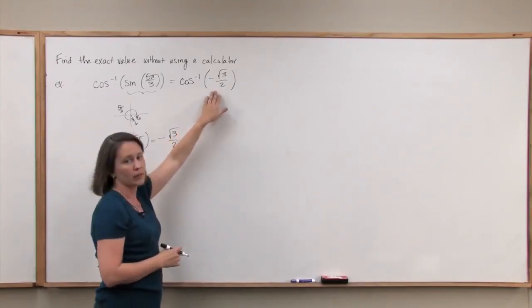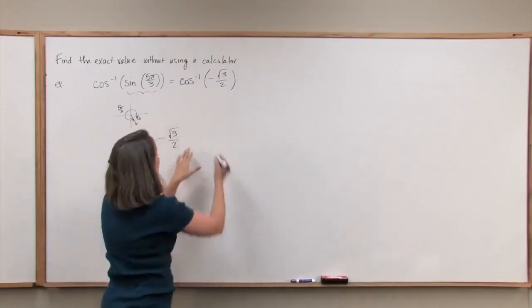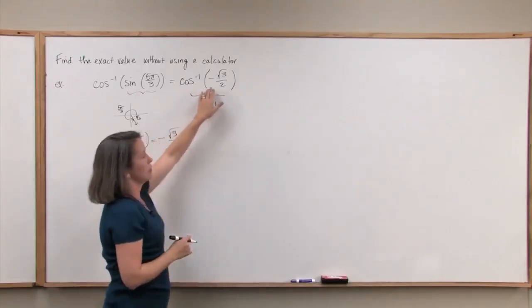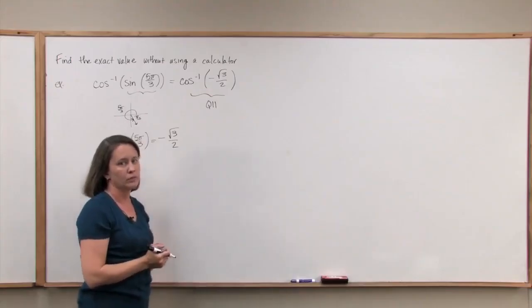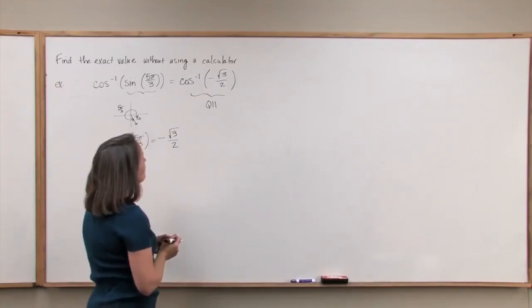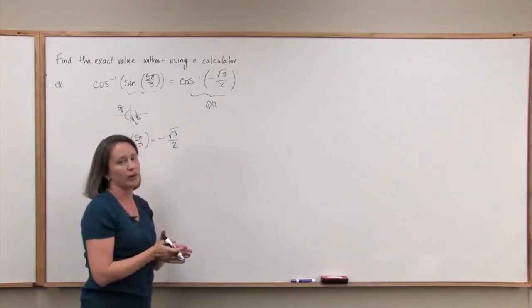Since this is a negative number, it means I'm looking for an angle whose terminal side is in quadrant 2 and whose cosine is negative square root of 3 over 2. A reference angle will probably help us here. What positive acute angle's cosine is square root of 3 over 2?